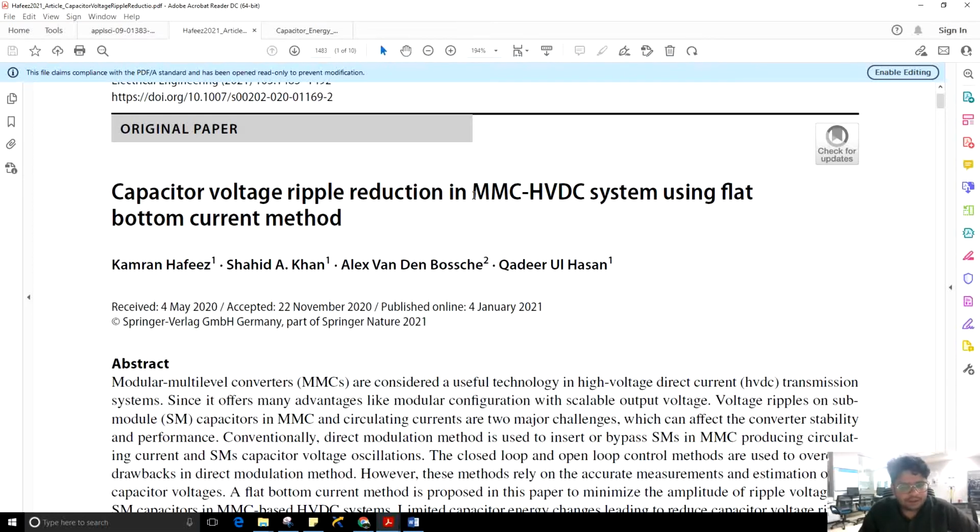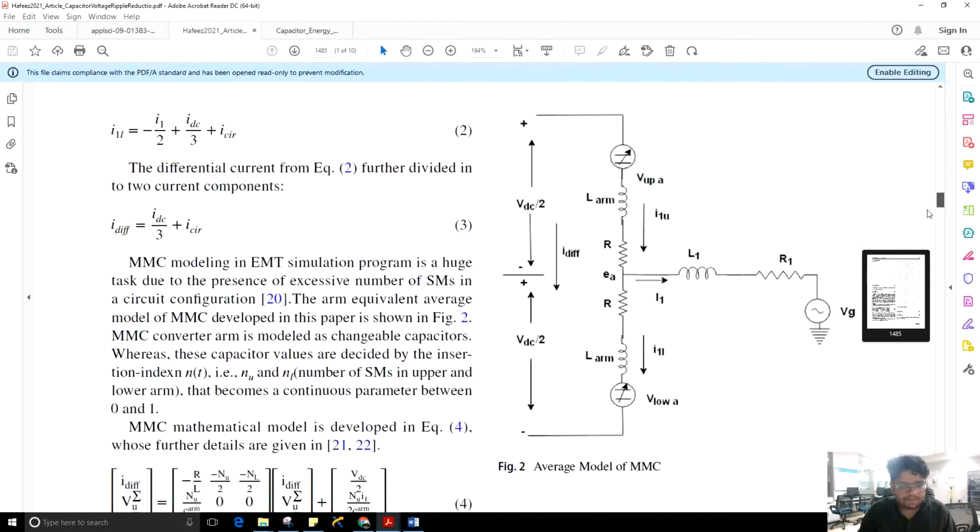The purpose is the same: reduce the capacitor voltage ripple, reduce the circulating current, but this time instead of adding second and fourth harmonic order in the reference signal, he has added second and fourth harmonic in the current equations, in the current signal, and he names this method the flat bottom current method. Let me show you the equations.